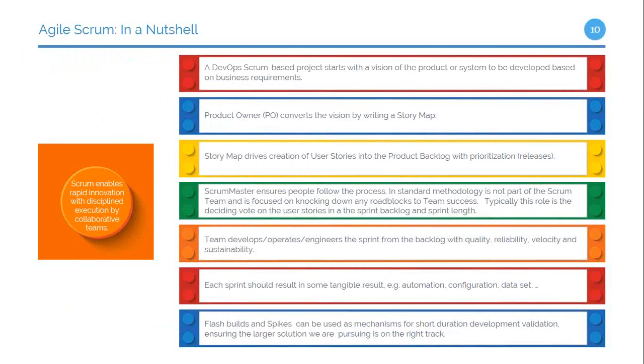So Agile, Scrum in a nutshell. There's lots of Agile methodologies. The one that seems to be the most popular for the majority of people that I've worked with in enterprise, Fortune 500, Global 500 over the last 10 years has really been Scrum. There's still plenty of people doing XP.